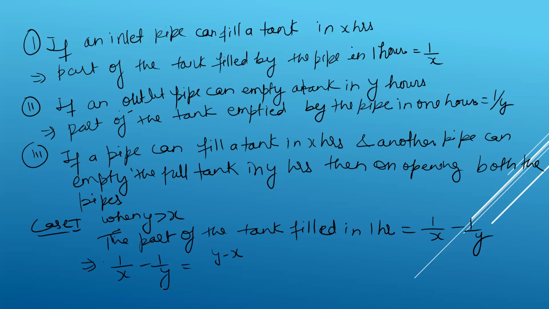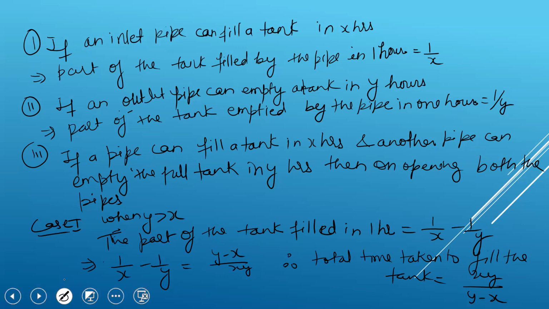You will get y minus x over xy. तो ये तो 1 घंटे की बात हुई. So the total time taken to fill the tank is going to be xy upon y minus x. I hope it's clear. Let's talk about case number 2.